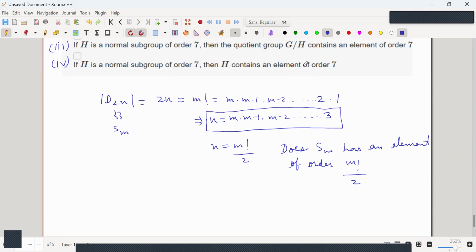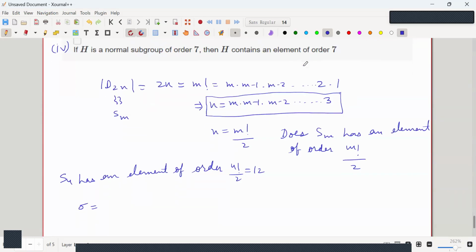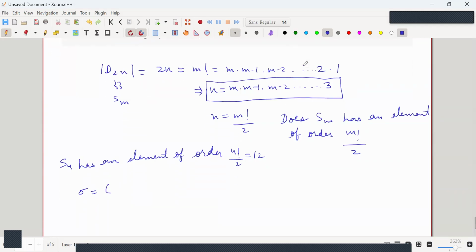So if S4 has an element of order 12, then there must exist some sigma with a disjoint cycle decomposition for which the cycle lengths give you the LCM 12.